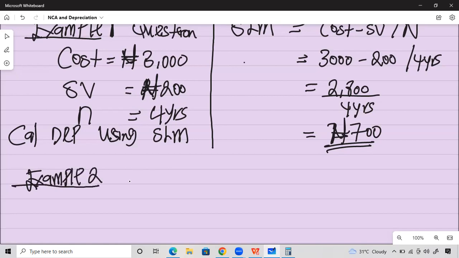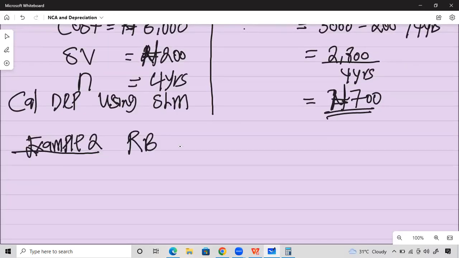We want to use reducing balance. Let's say a machine costs 12,500.